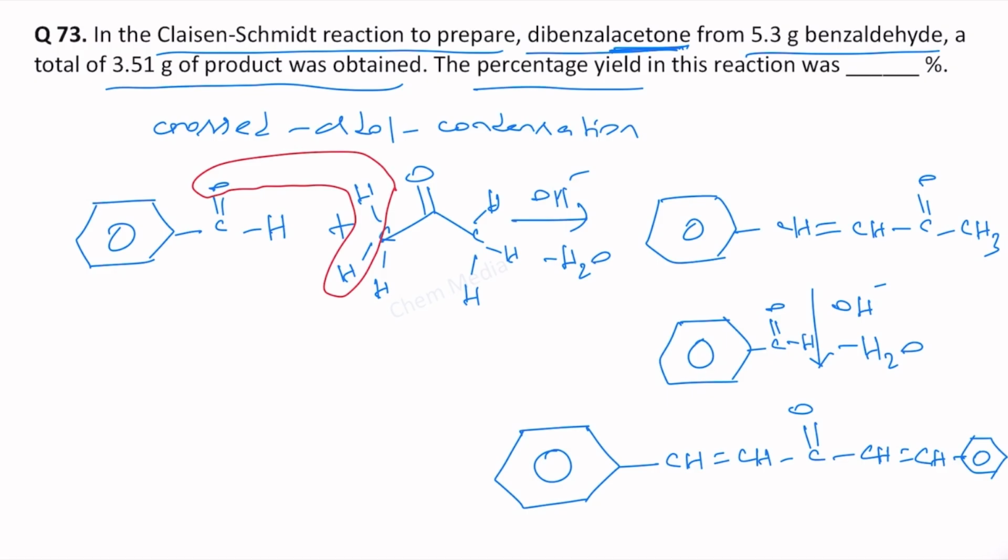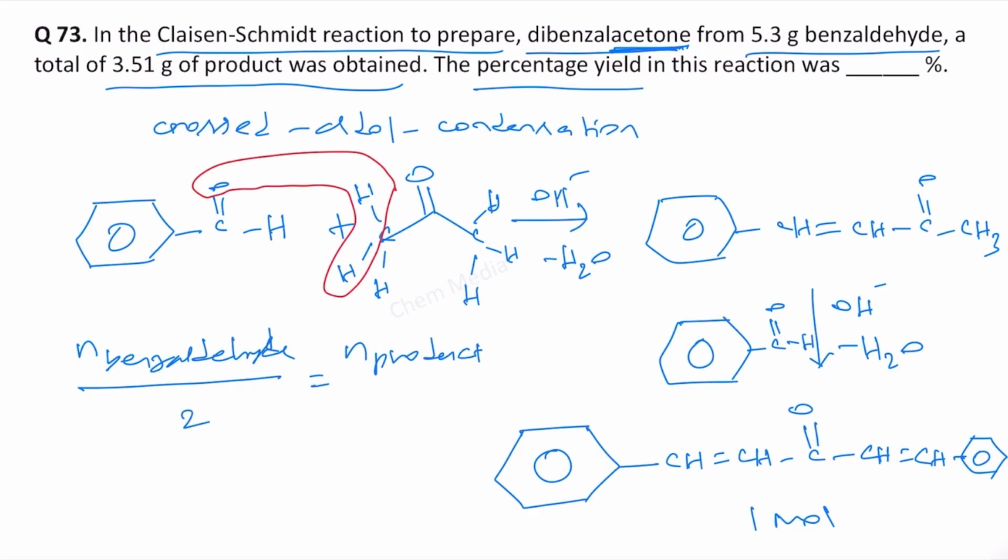Now in this reaction, what we need to understand is that we require 2 moles of benzaldehyde to get 1 mole of the alpha, beta unsaturated compound. So in terms of stoichiometric moles, the number of moles of benzaldehyde divided by 2 is equal to the number of moles of product.